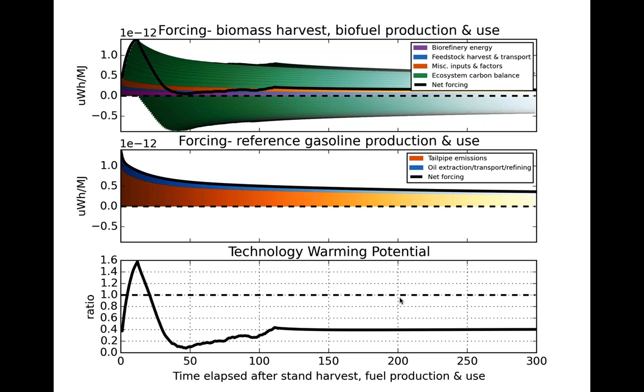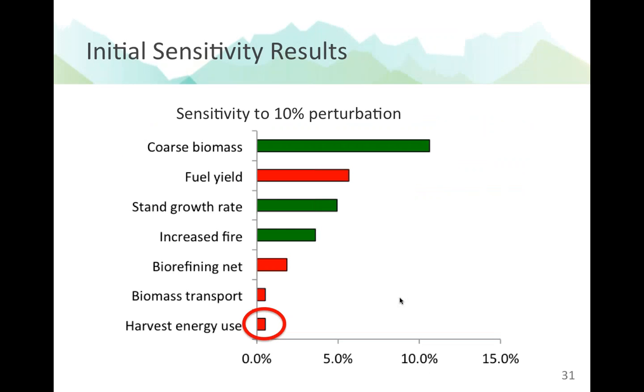And on the next and final slide, you'll see the sensitivity of our results. Our model, if you start changing parameters and try to get a sense of what matters the most to the overall climate impact, the things in green are factors associated with our ecosystem model.